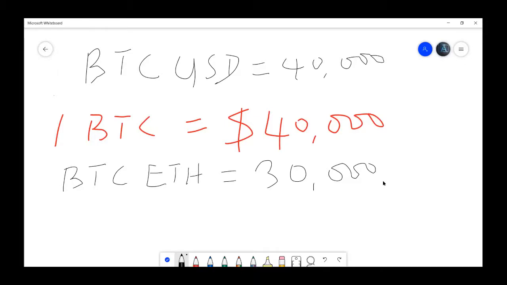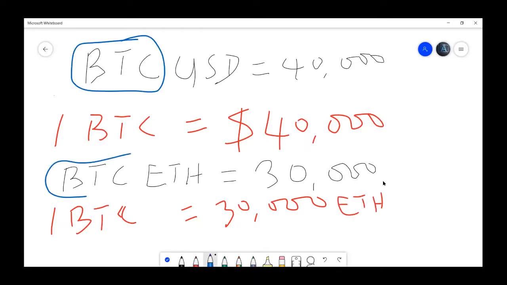Yeah, 30,000. Very good. So if you see something like this, it simply means one Bitcoin is equal to 30,000 Ethereum. Now the first currency is called the market.